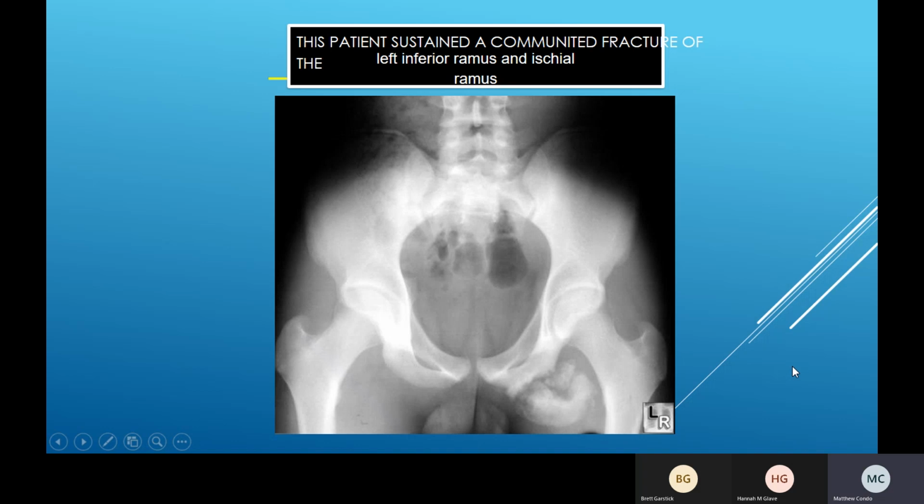So draw it out here. There's your fracture. That would be somebody that fell on a buttock or was involved in a motor vehicle accident or something of that nature.